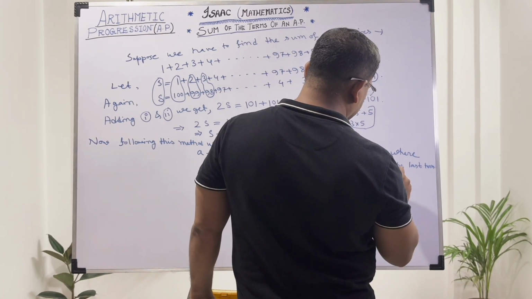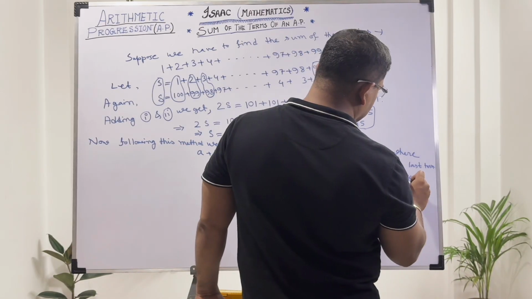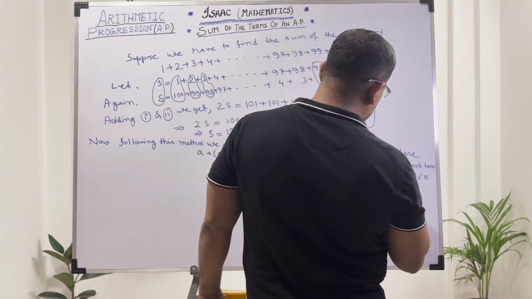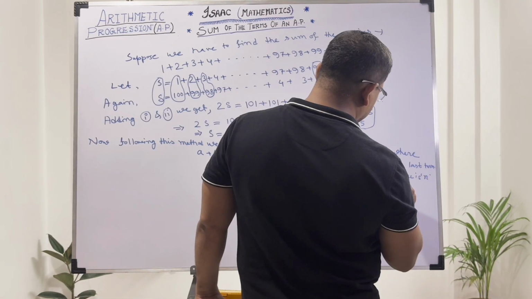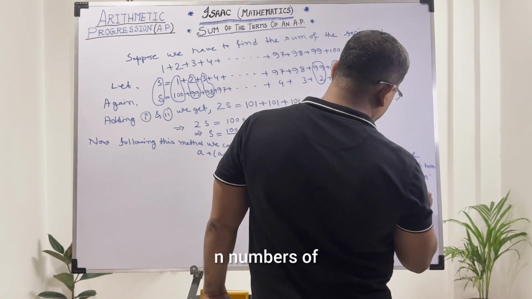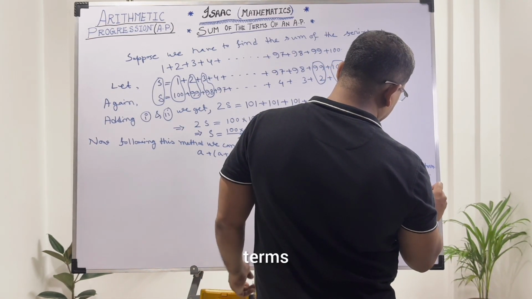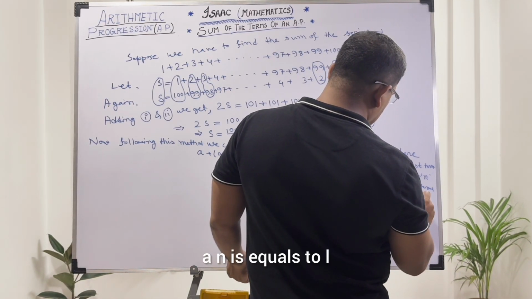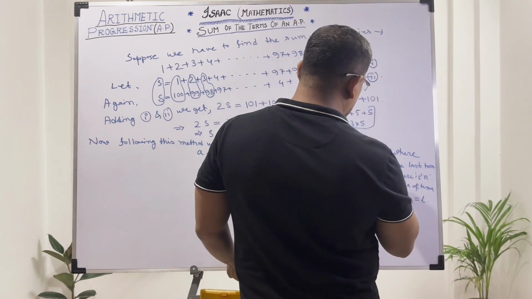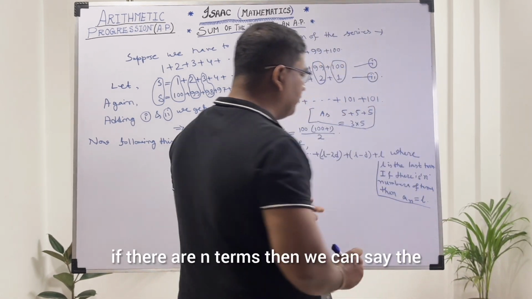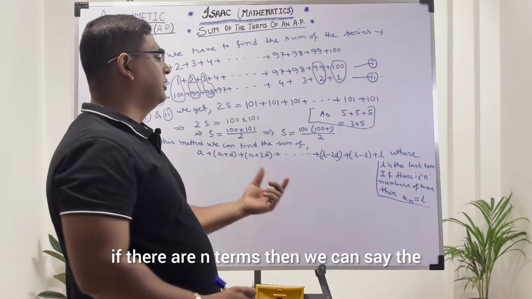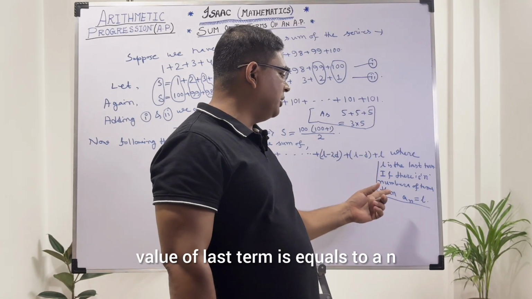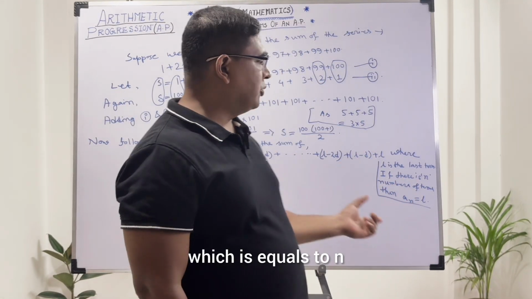If there are n numbers of terms, then a_n is equals to l. That means if there are n terms, then the last term, the nth term, is equals to l.